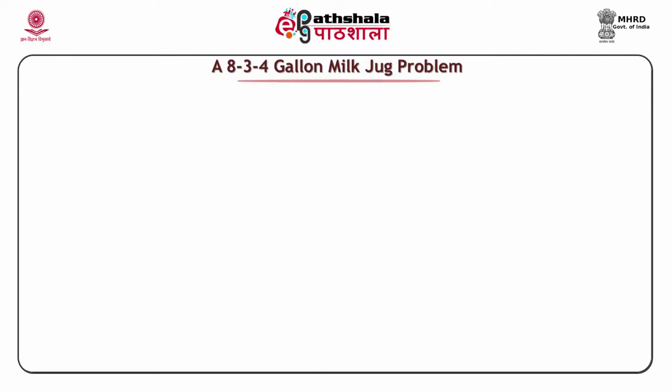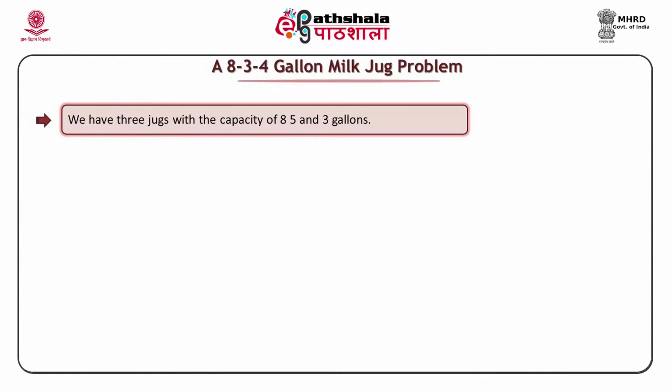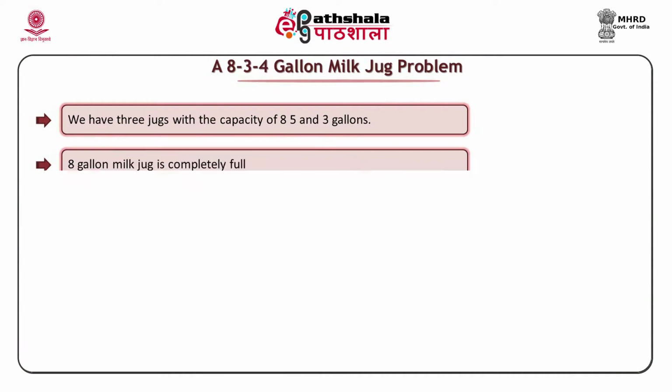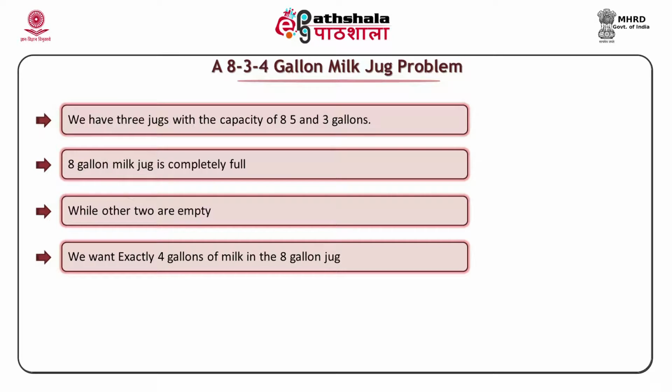We will look at one more problem called the 8-5-3 gallon milk jug problem. It is a little different, a little more complicated, because we have 3 jugs. Not only that, we begin with 8 gallons of milk, completely filled, and now what we want is only 4 gallons of milk in that particular jug.